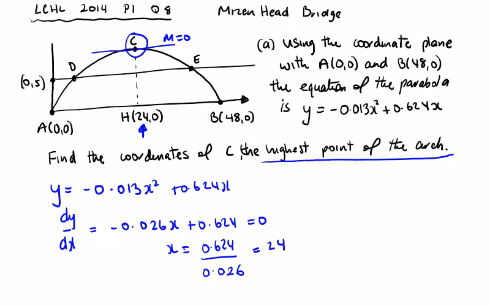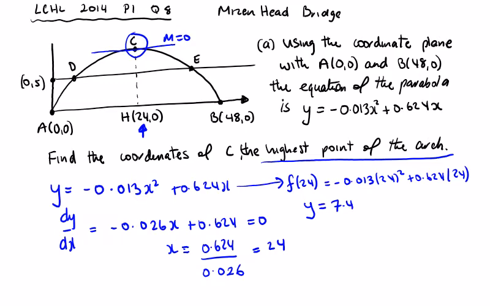So let's put 24 in here. f of 24 is equal to -0.013 by 24 squared plus 0.624 by 24. So f of x, or y, will be equal to 7.4.